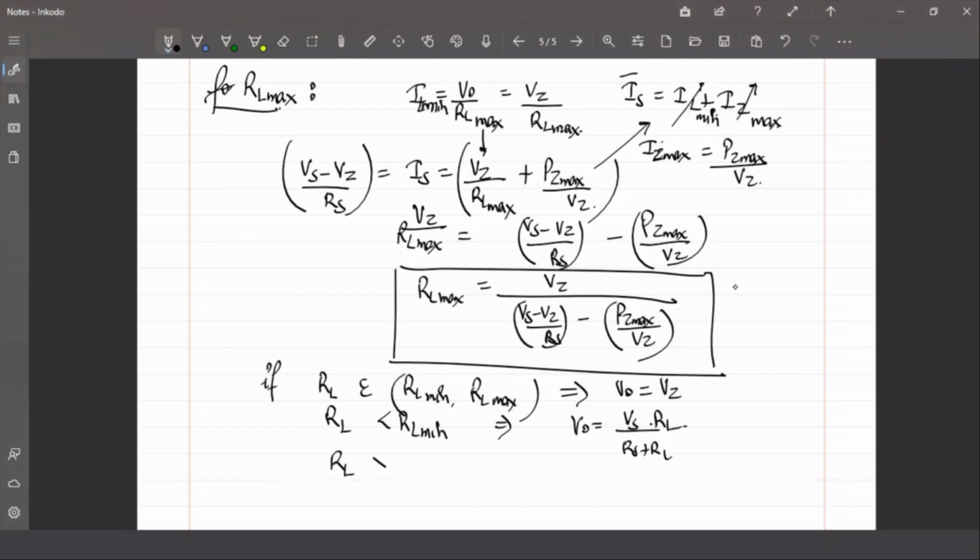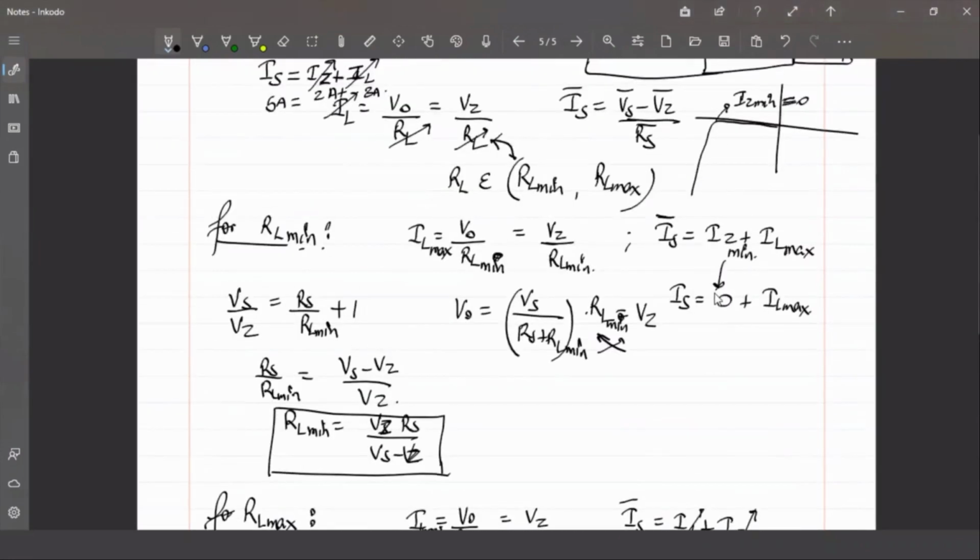And if RL becomes more than RL max, what will happen? You have seen this value. More than that will make the Zener current more than the maximum value, and similarly to the previous case, the Zener will burn out. So what did we understand from this?